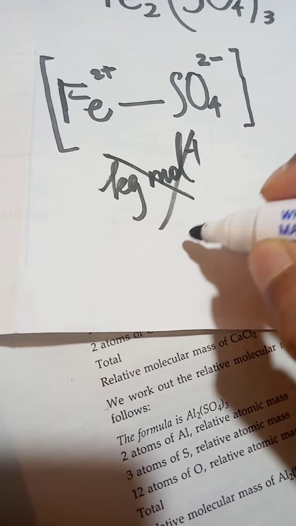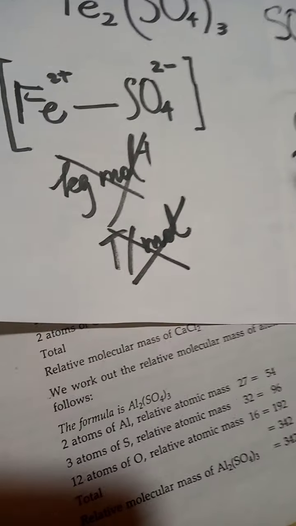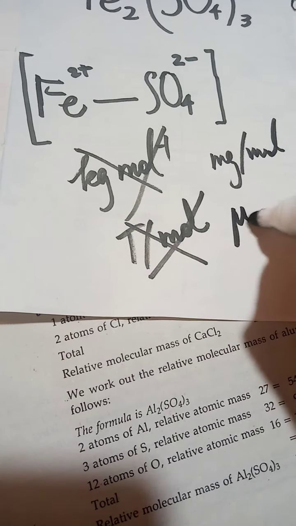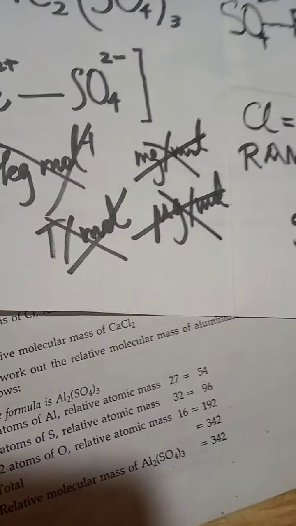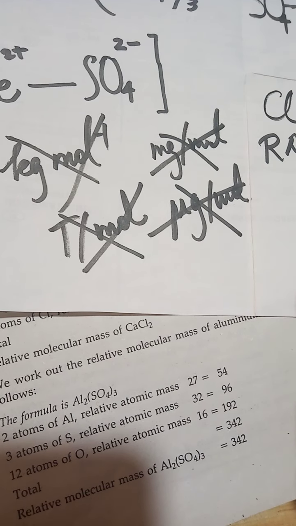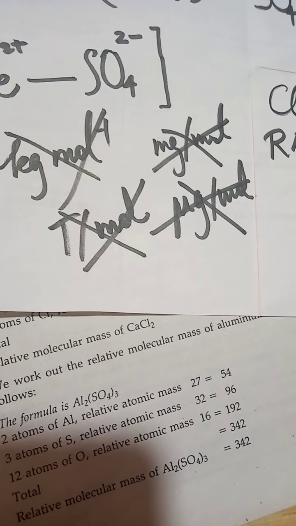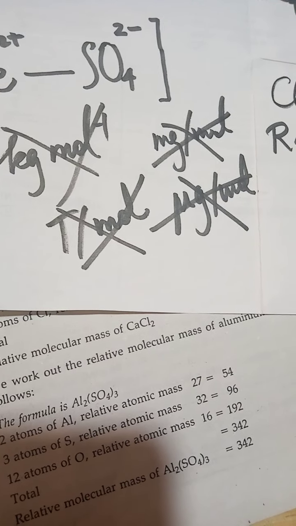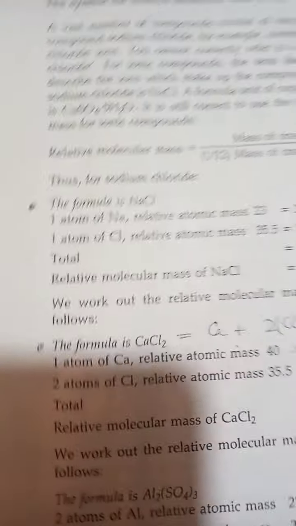It can't be in tons per mole. It can't be in milligrams per mole or micrograms per mole. Nope, it cannot, will not, because it's supposed to be in grams per mole. And when there is 1 mole of that compound or element, it's just simply grams.